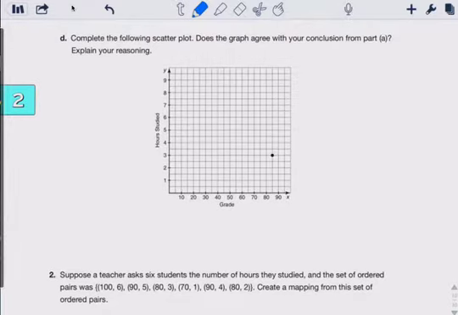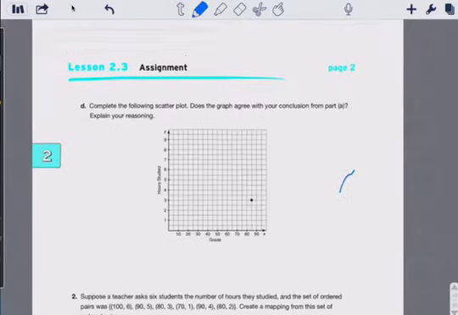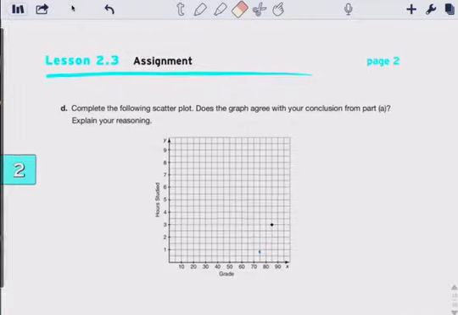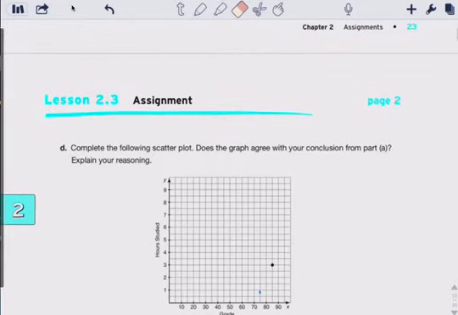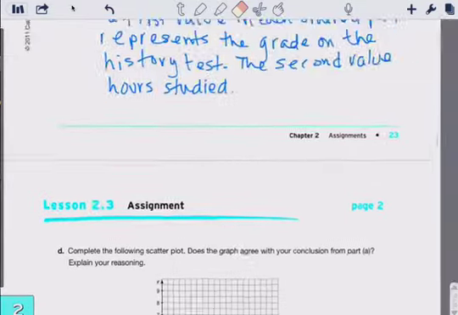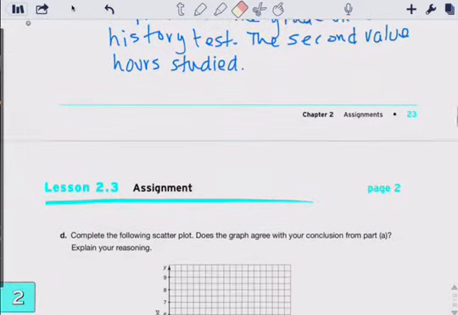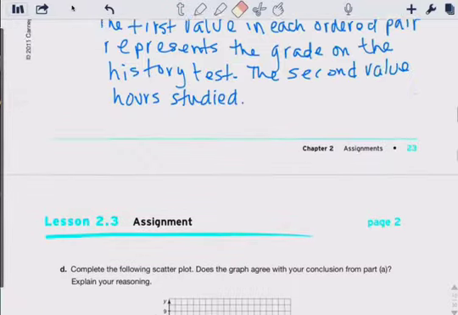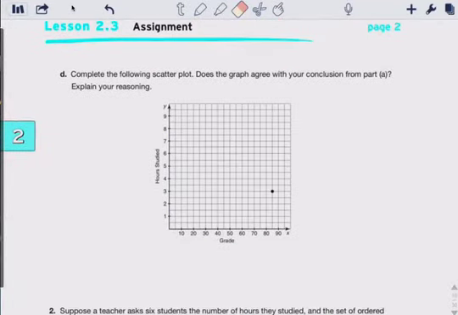Complete the following. Does the graph agree with your conclusion in part A? Explain your reasoning. Okay, we now need to graph those points. Ordered pair, that was up here, 85, 3. That's the first dot that's already there, 85, 4.